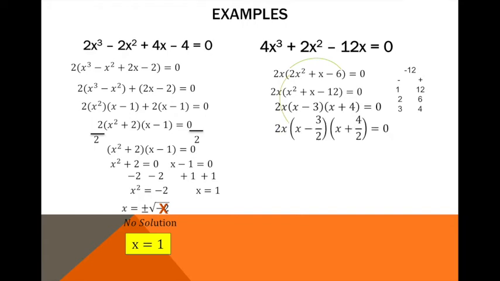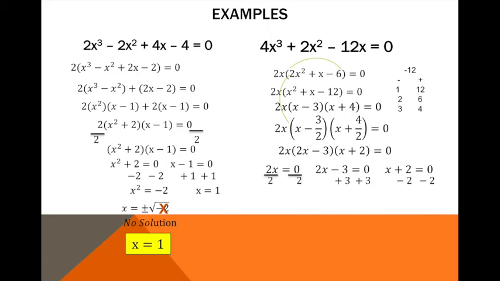Reduce and solve. So 2x, parentheses, 2x minus 3 and x plus 2 equals 0. Now I need to set each term equal to 0, so 2x equals 0, 2x minus 3 equals 0, and x plus 2 equals 0. Now I need to solve each equation.